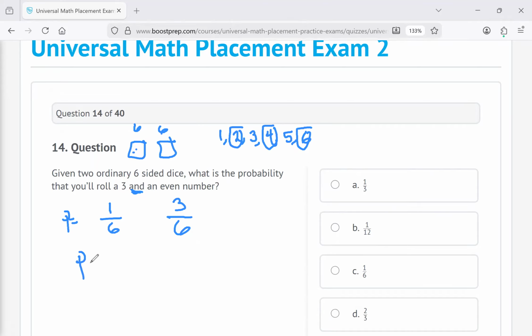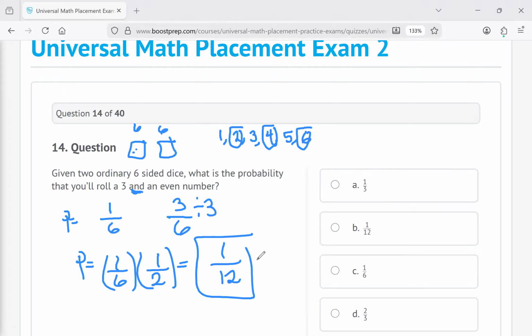So your probability is going to be 1/6 times 3/6, and 3/6 can be reduced by three, so that's one half. So 1/6 times 1/2 is 1/12. Okay, letter B.